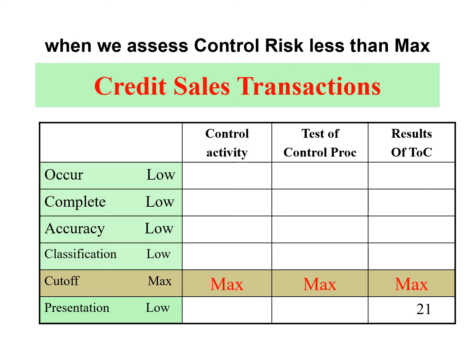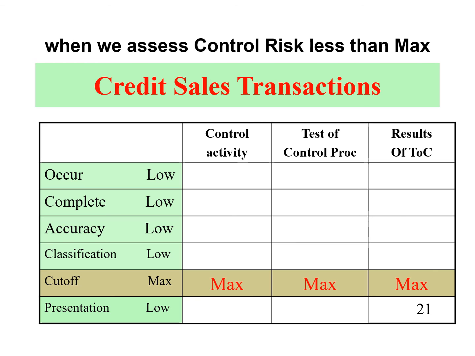So we should have the same number of shipping documents as we have invoices, as we have entries in the sales journal. That's going to require some reconciliation because maybe not everything got shipped on the same order. How are we going to test that? Well, we're going to observe them performing the procedure, and test their reconciliation.